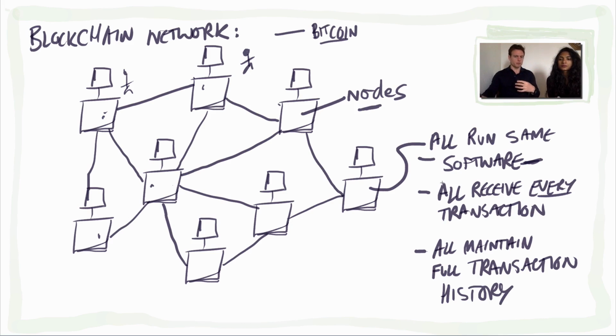All of this software essentially keeps a log of all the transactions they receive, and these transactions are all arranged in blocks, just in the same way that our check guy who was putting checks in boxes was sorting them in interdependent boxes, so that there's no way you can ever go back and change one of those checks.